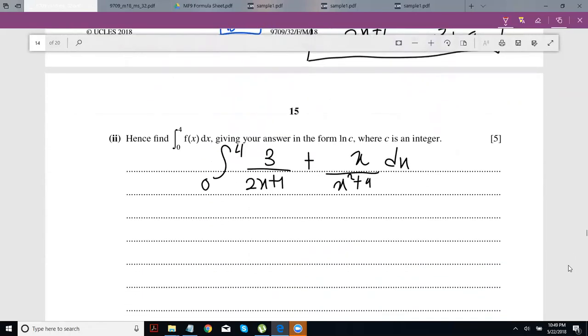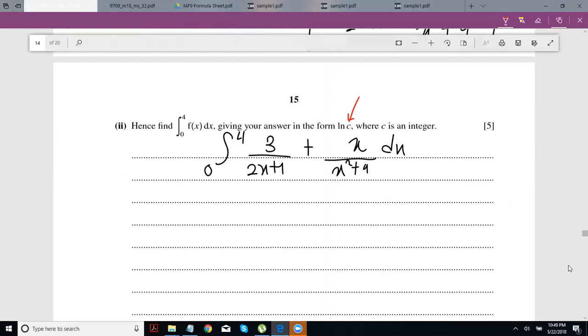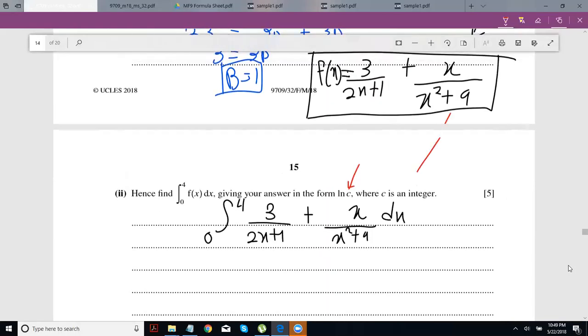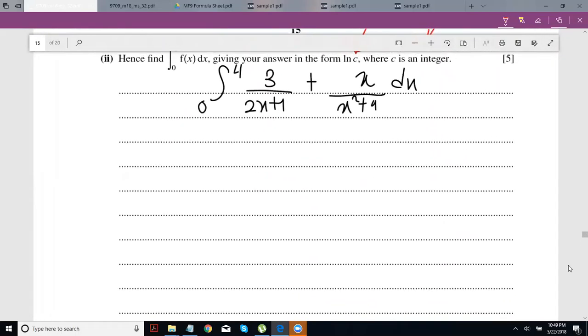Anyhow, you have to then integrate this expression and give your answer in the form ln c, where c is an integer. Okay, I just copied this equation down so that I don't have to keep scrolling up and down.